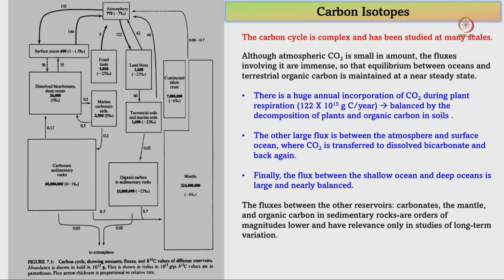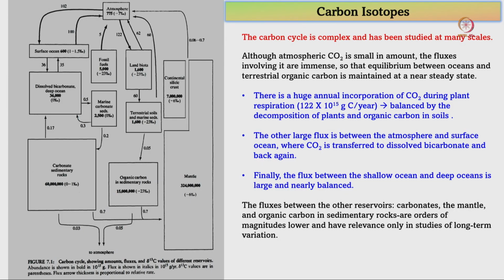Another huge flux is between the atmosphere and the surface ocean, where the carbon dioxide is getting dissolved in the water and is getting trapped in the bicarbonate form. So, it is called the DIC, the dissolved inorganic carbon, which is majorly bicarbonate. Okay. So, there is a continuous uptake of atmospheric carbon dioxide in the surface ocean, and between the surface ocean and the deep ocean there is a large and almost steady state balance of flux.